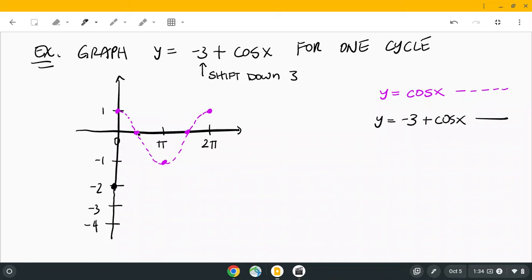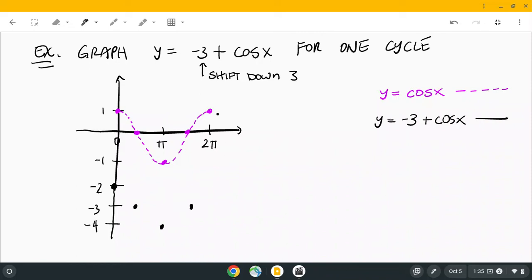And then shifting this one down 3, 1, 2, 3. And then shifting this one down 3, 1, 2, 3. And shifting this one down 3, 1, 2, 3.